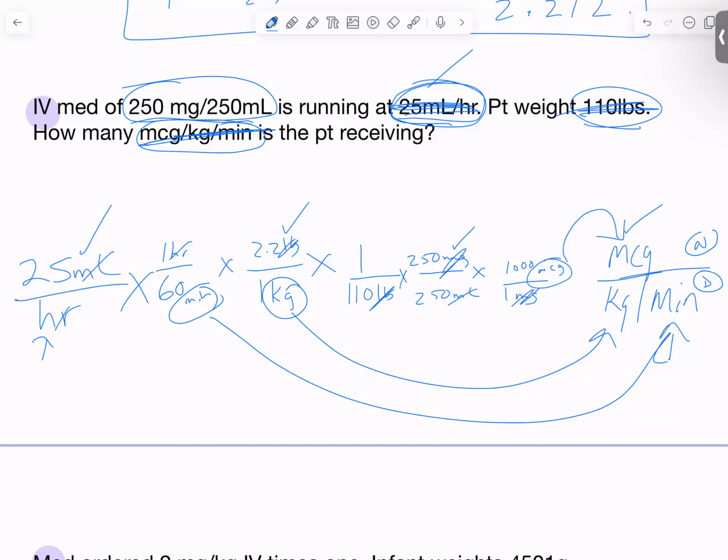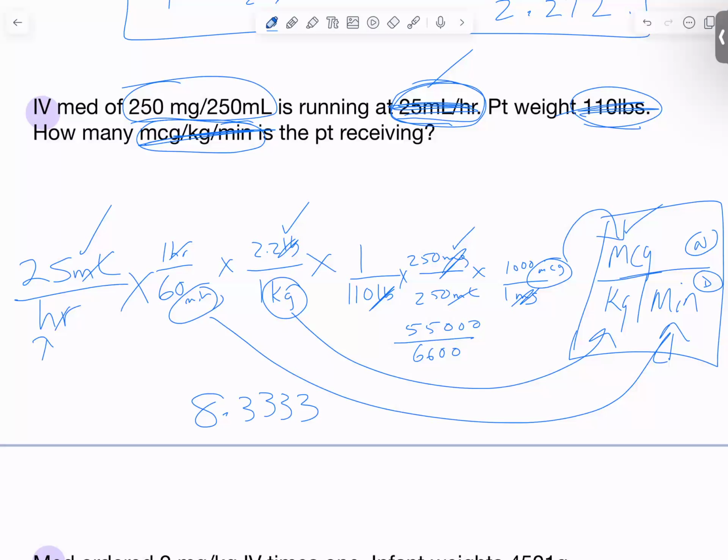So when we do the math across the top, it'll be even more disgusting. It'll give you something like 55,000 over 6,600. And when I divide that into each other, I will get 8.3333. So remember, if we're using an IV pump and we're administering something like micrograms per kilogram per minute, we have to be using a pump.